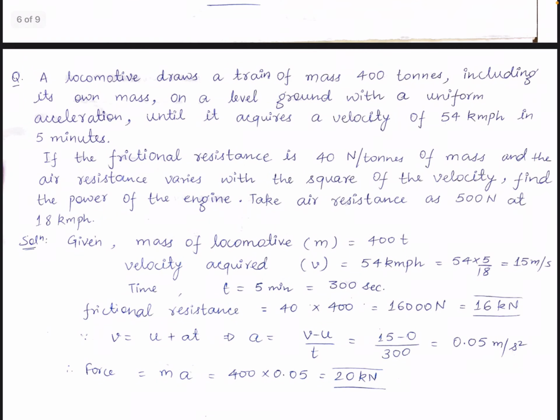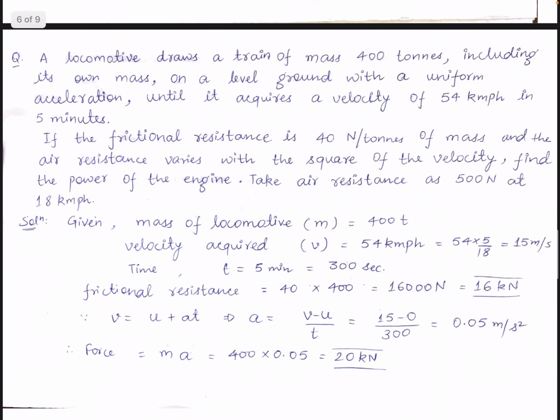Next question: a locomotive draws a train of mass 400 tons. So the train is being drawn by the locomotive and the mass is 400 ton. 1 ton is 1000 kg, including its own mass, on level ground with a uniform acceleration until it acquires a velocity of 54 kmph in 5 minutes.